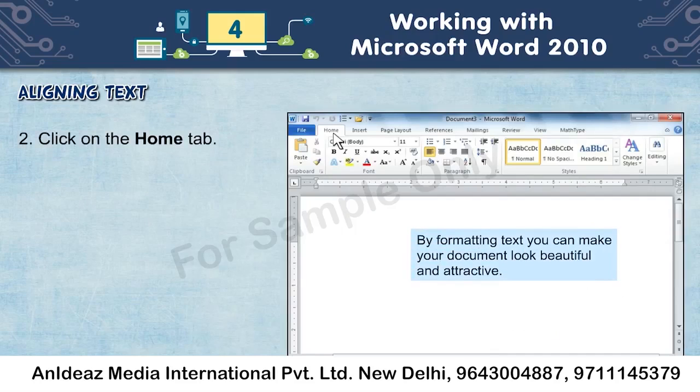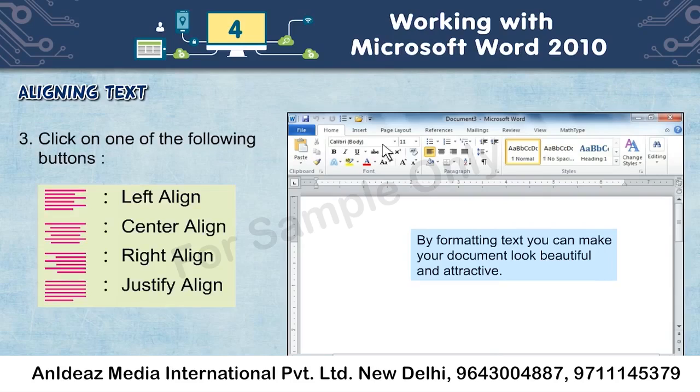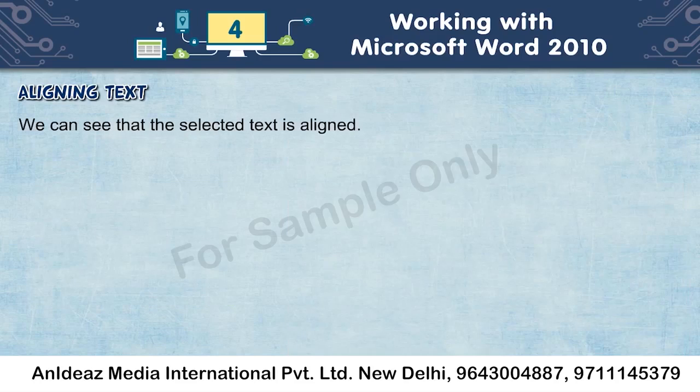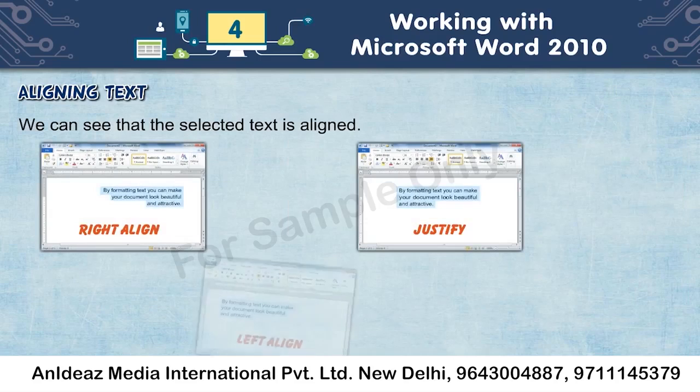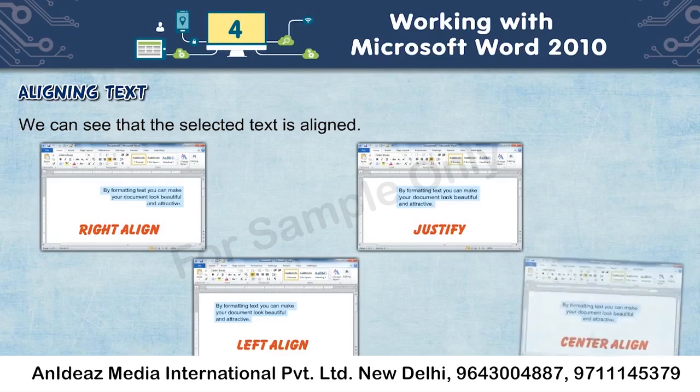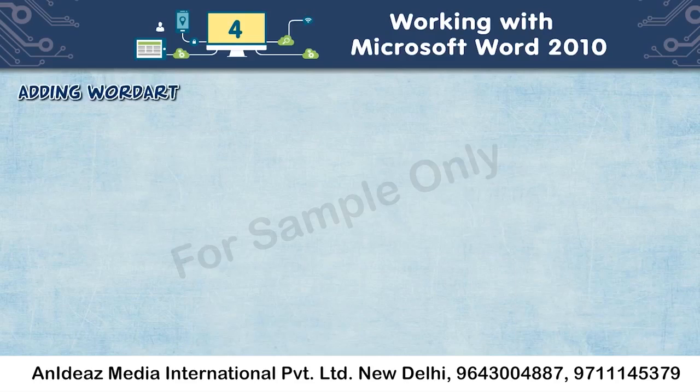Click on the Home tab. Click on one of the following buttons: left align, center align, right align, justify text. We can see that the selected text is aligned.